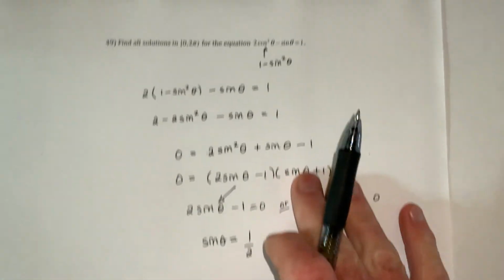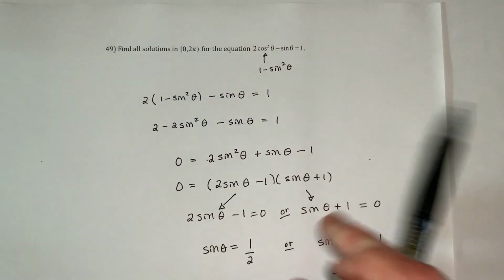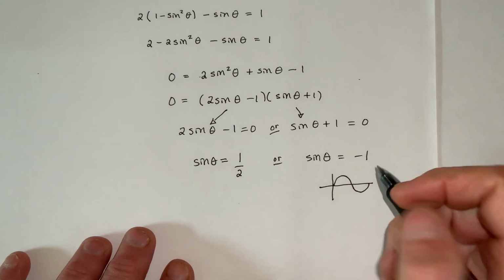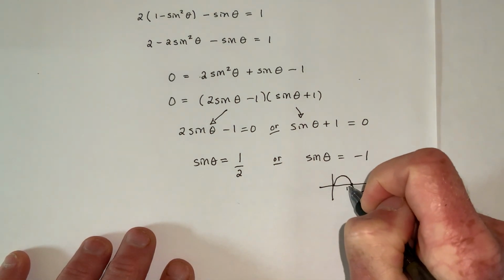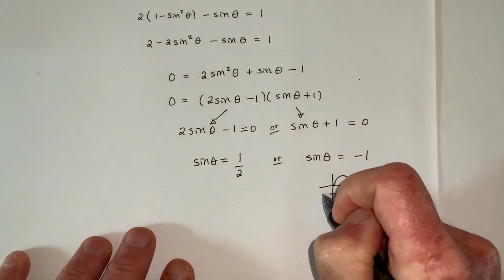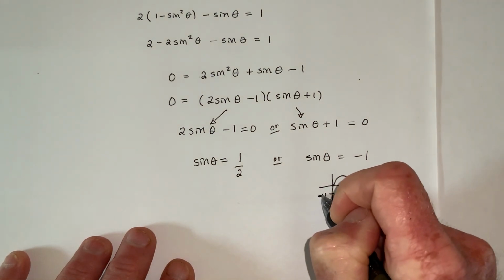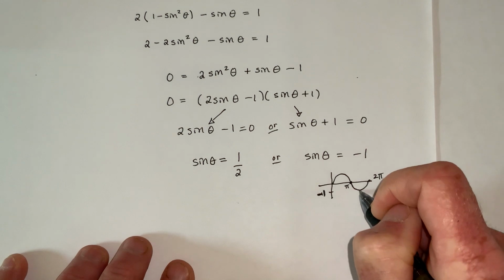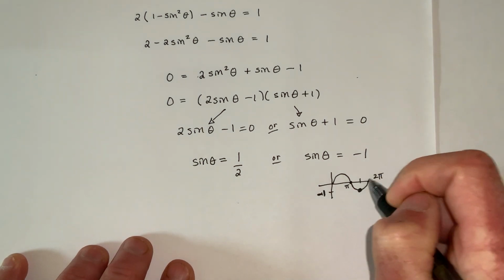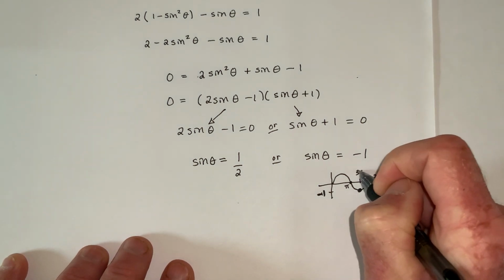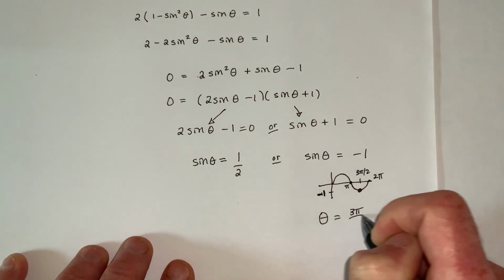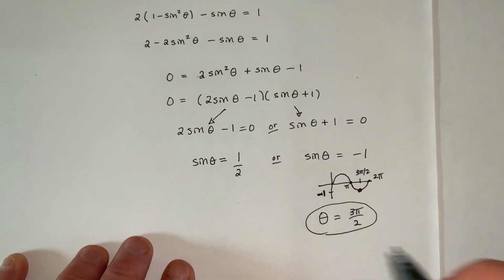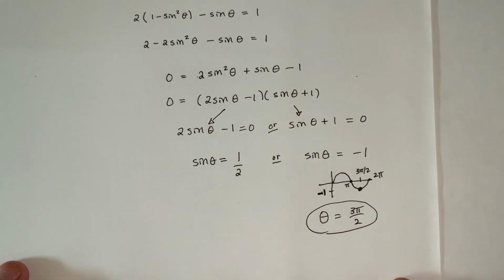The directions said to use radians. So this would be 2 pi. This would be pi. Here's negative 1. And so it equals negative 1 right here, which is at 3 pi over 2. So there is one answer.